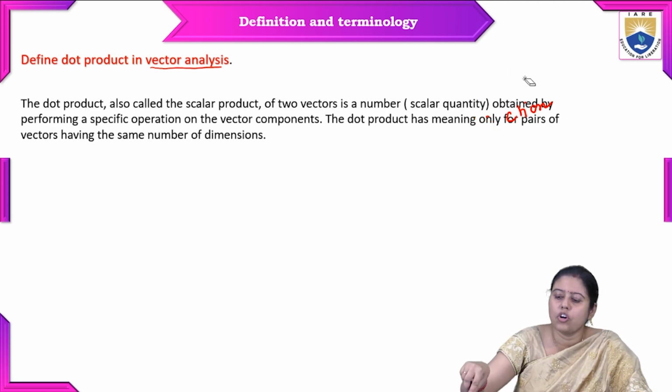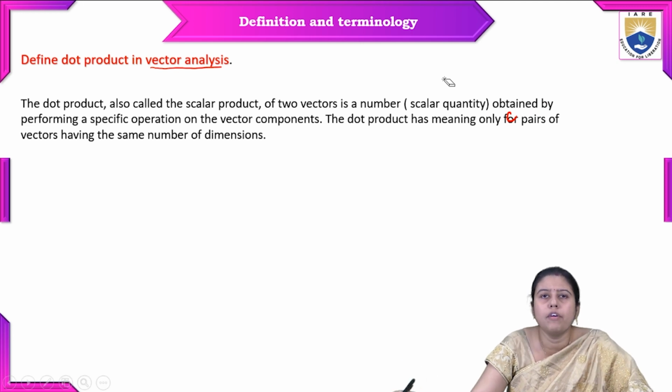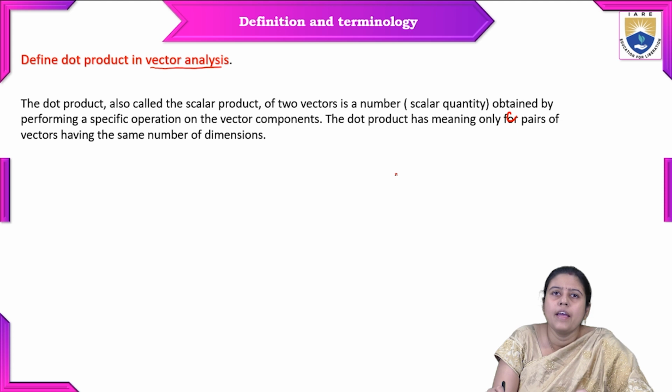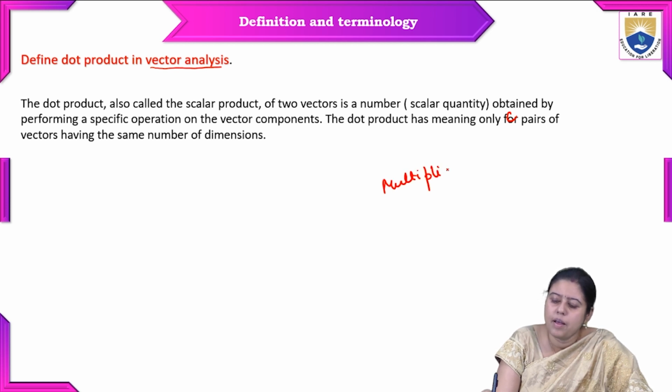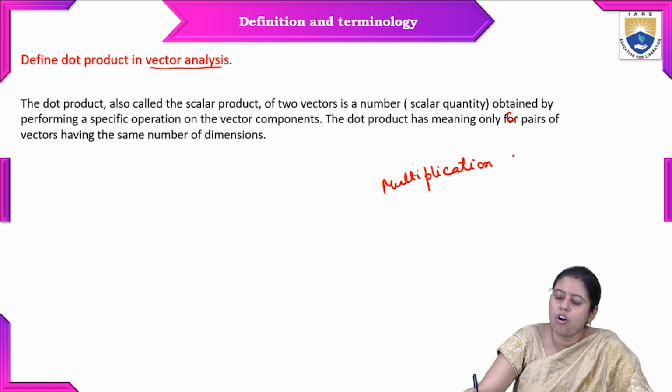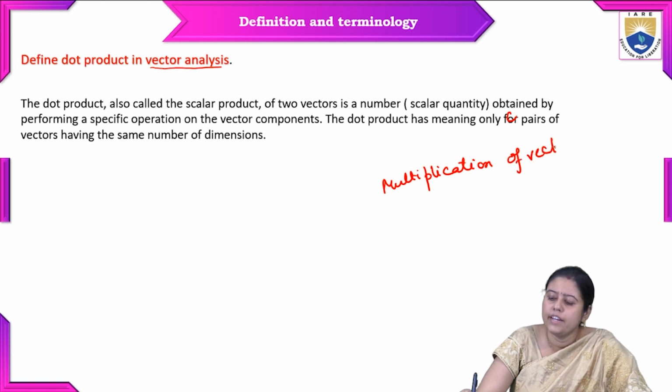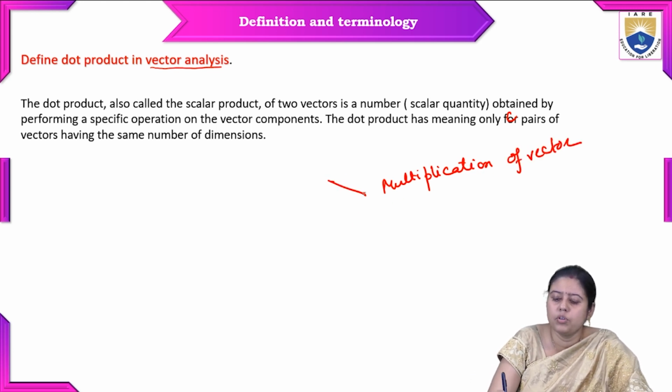So what is the dot product? While doing vector analysis, we can do any algebraic function on vectors. While we are doing the multiplication of vectors, it is basically of two types.